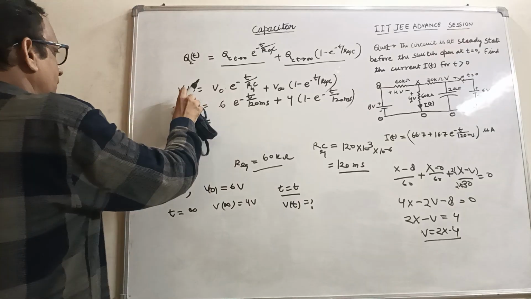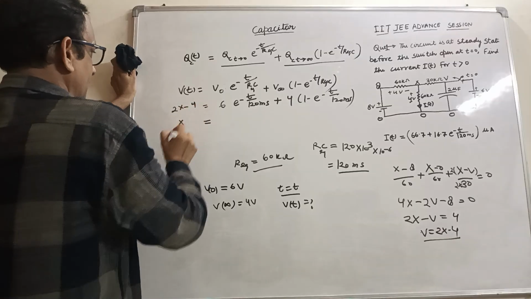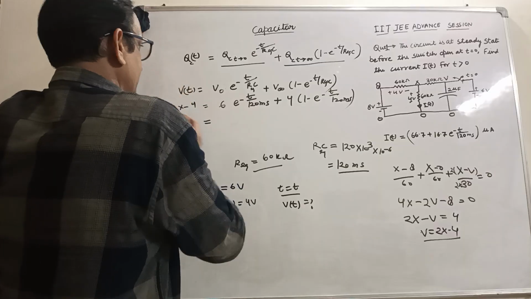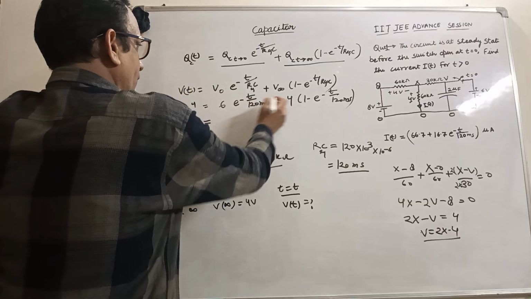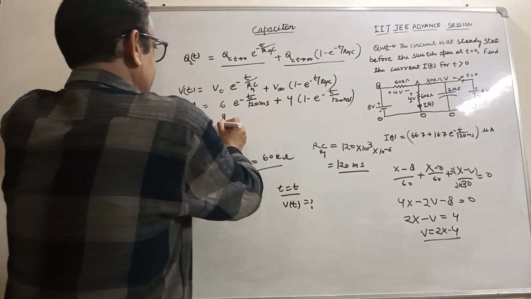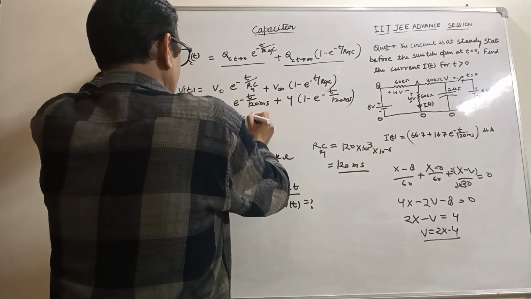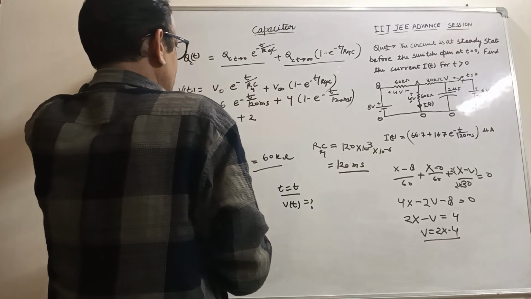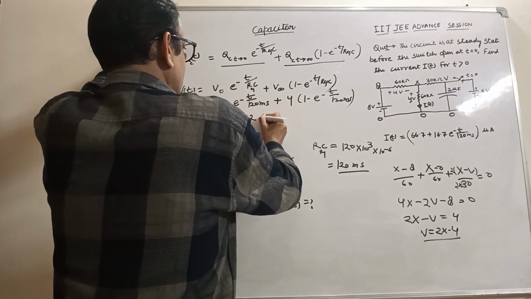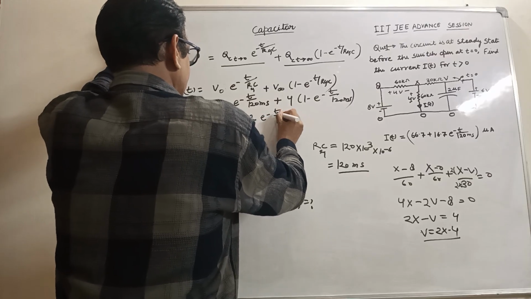So 2x minus 4, it means it becomes 4 minus 8, and this becomes plus 2, minus 4 and 6 plus 2 e raised to power minus t by 120 millisecond.